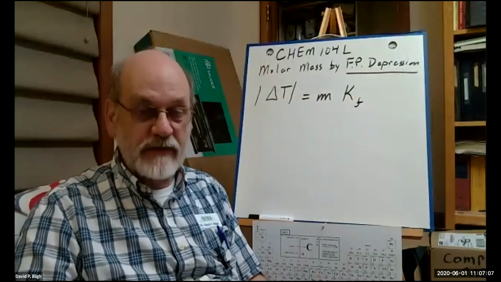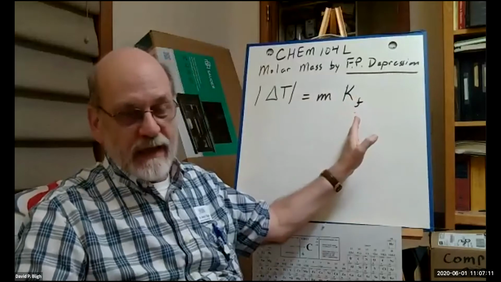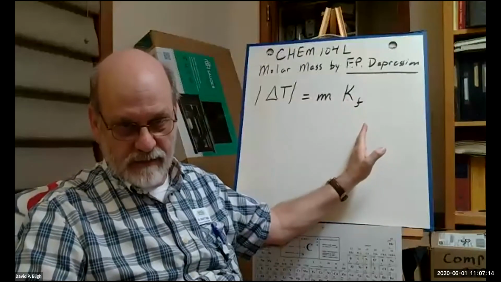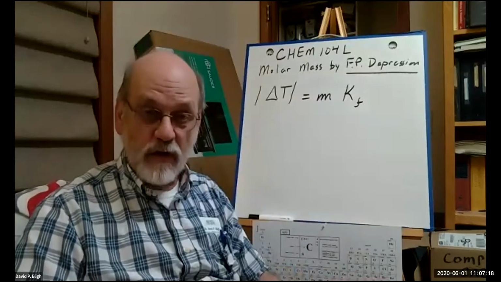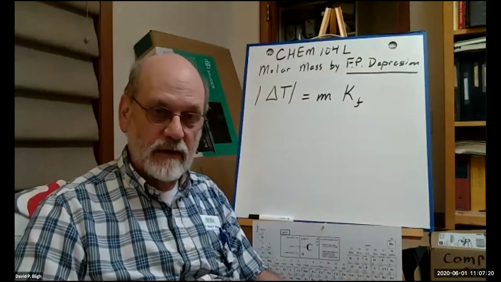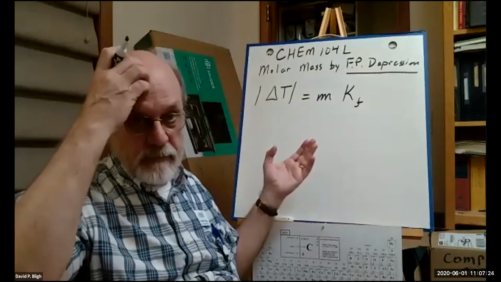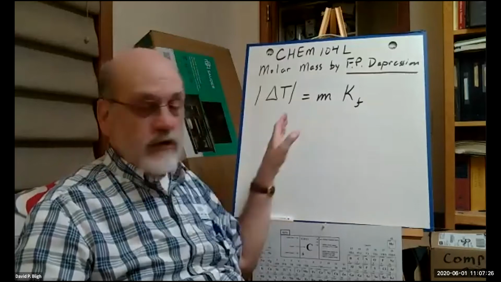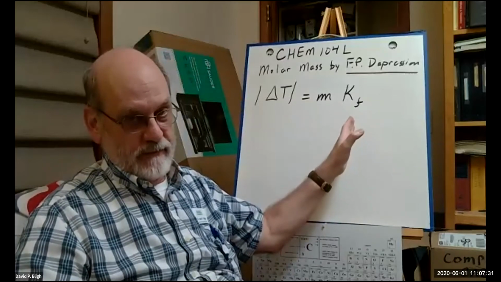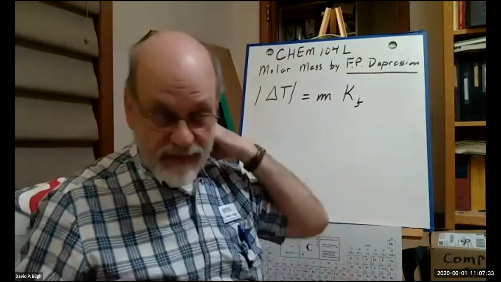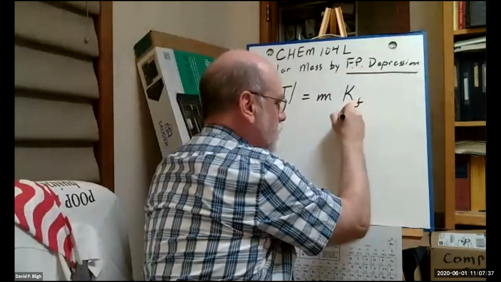The lauric acid is our solvent. Right? So this K is unique to the lauric acid. It doesn't matter what we put in the lauric acid as long as it dissolves, and it will depress the freezing point. But if we use something else besides lauric acid, the K will be different. Right? So in your method, and I'll write it up here, that K is equal to 3.90.